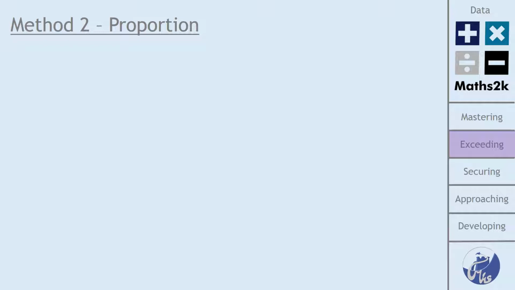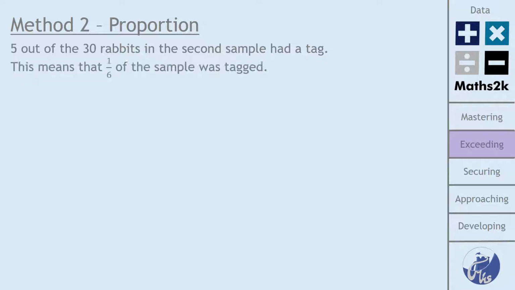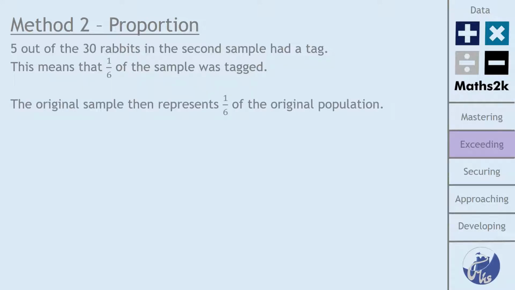Now the second method that I'm going to go through relies on the idea of looking at this from a proportional point of view. And so when we had 5 out of the 30 rabbits in the second sample having a tag, that means that 1/6 of that sample was tagged. Now because we need to estimate the population, we're going to now assume that the original sample we took, those 10 rabbits we took at the start, is 1/6 of the original population.